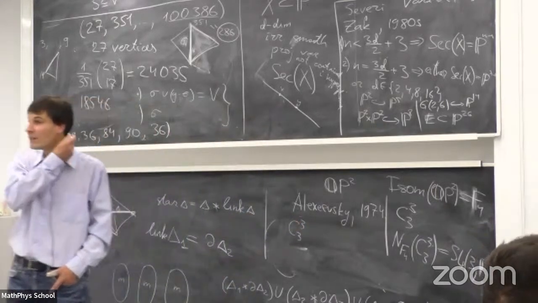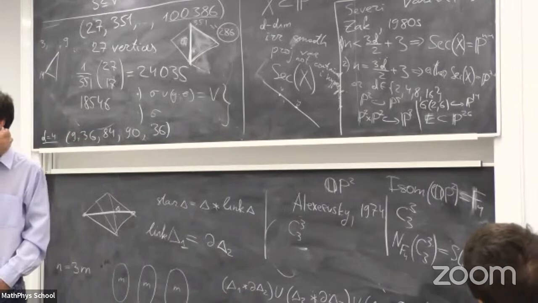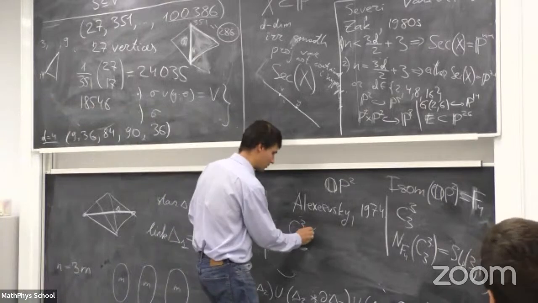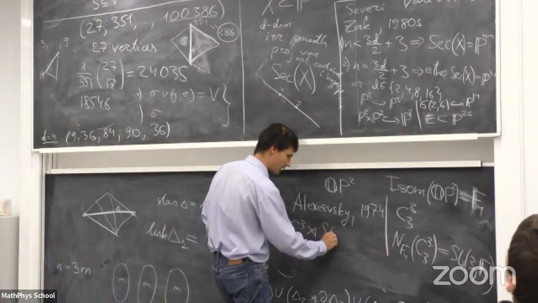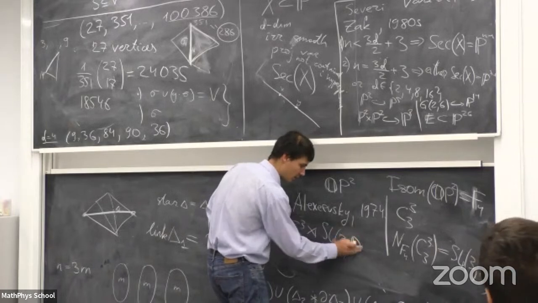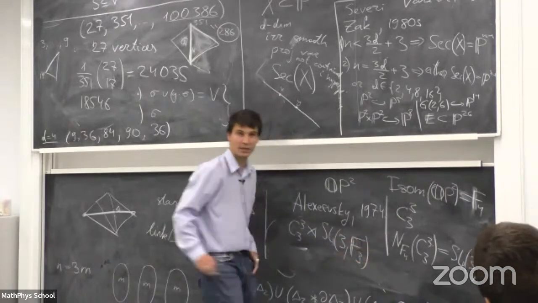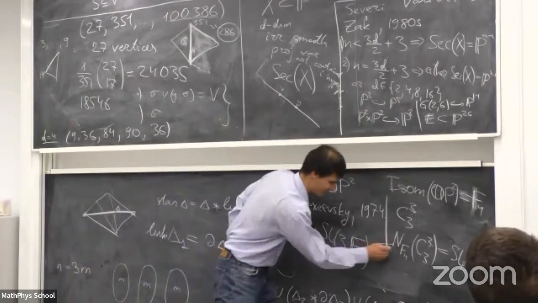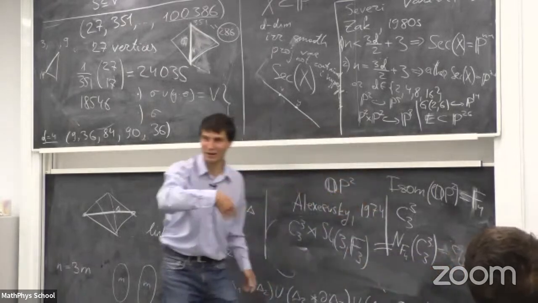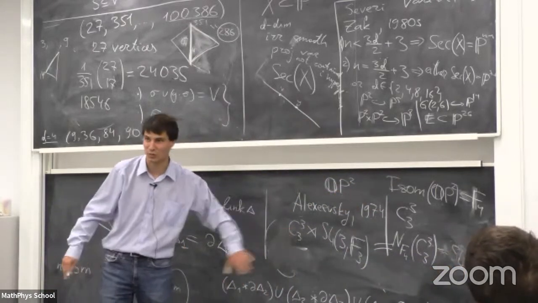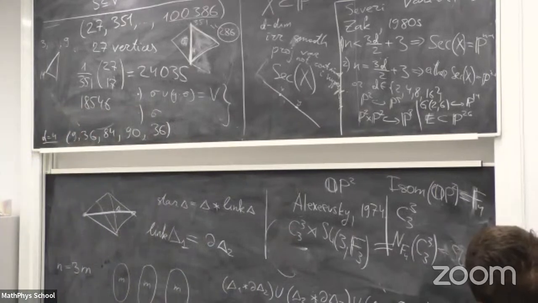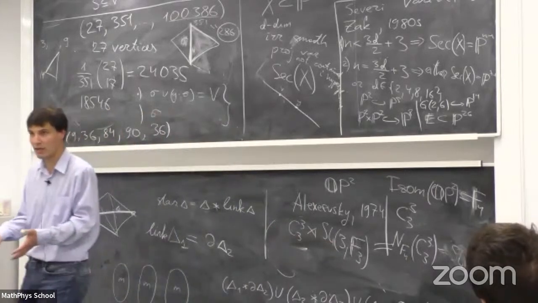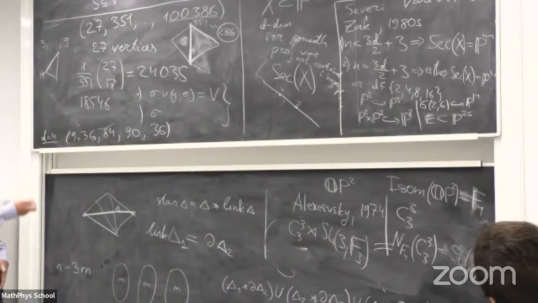Oh no, sorry, the normalizer is not that. The normalizer is this one: SL3 of F3 after taking the quotient by the subgroup itself. So this one acts on this in the standard way, and you have such a subgroup.